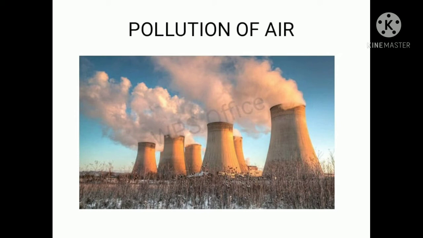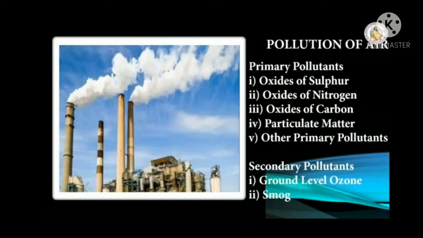Air pollution can be categorized into two, that is, primary pollutant and secondary pollutant. A primary pollutant is an air pollutant emitted directly from a source. A secondary pollutant is not directly emitted as such but forms when other pollutants, that means primary pollutants, react in the atmosphere.